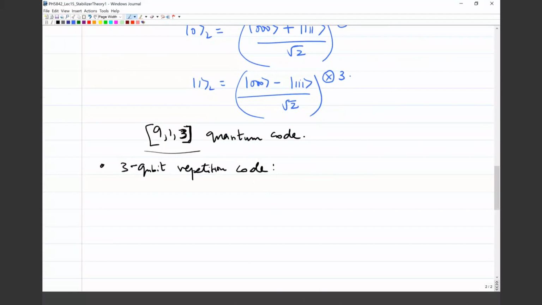Yeah, it cannot correct any arbitrary error. It can only correct either bit flip or phase flip. Exactly. So depending on whether you're talking about the bit flip code or the phase flip code, and they're both related to each other as we know, this is not a general purpose error correcting code.